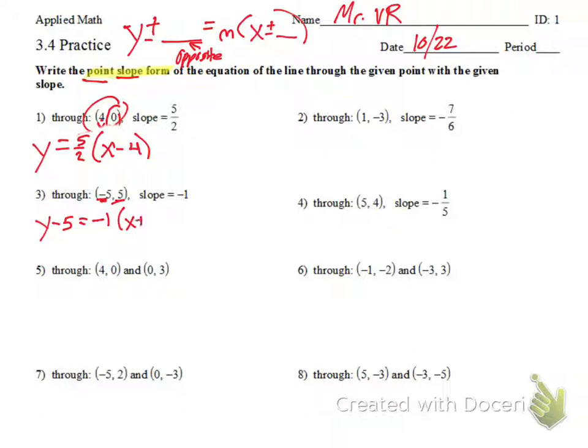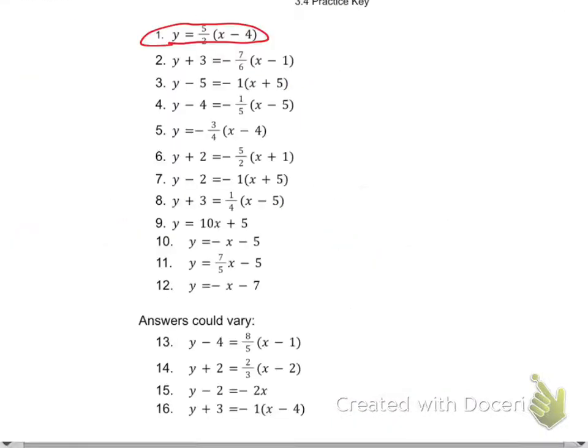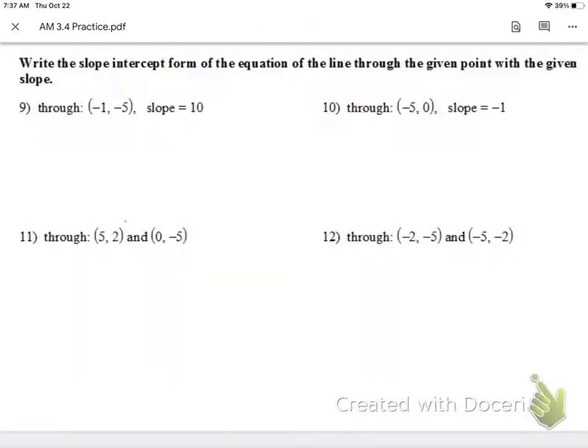So this is going to be plus 5, and that is literally it. So for number 3, y minus 5 is equal to negative 1, x plus 5. That's literally all you're doing, you're just plugging those in like that, and that'll give you point slope form.